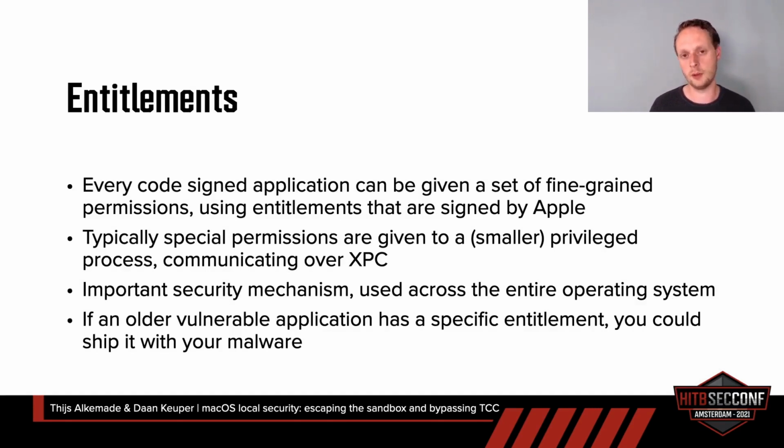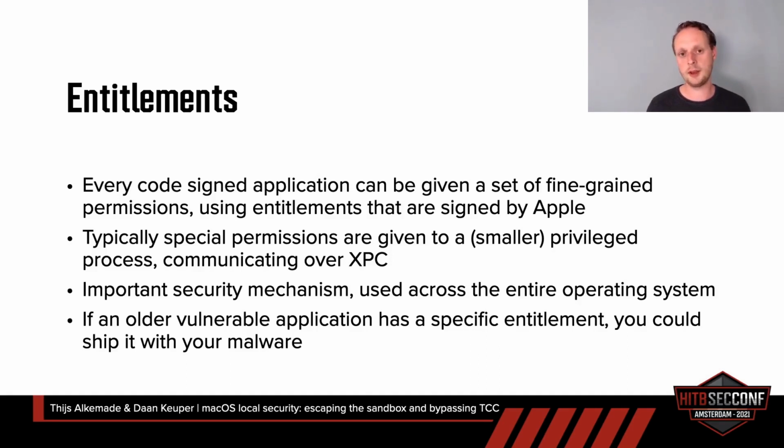The same technique also applies to iOS, but every code-signed application can be given a very fine-grained set of permissions by Apple, which are called entitlements. And very specific permissions are given out to specific applications. For example, a VPN application needs to make changes to the current network stack. So the VPN software will get a very specific entitlement for that.